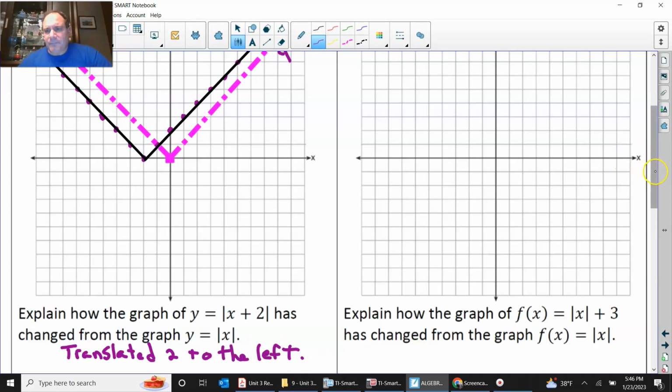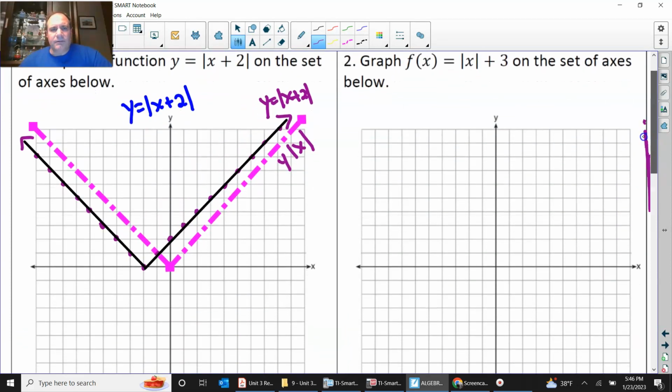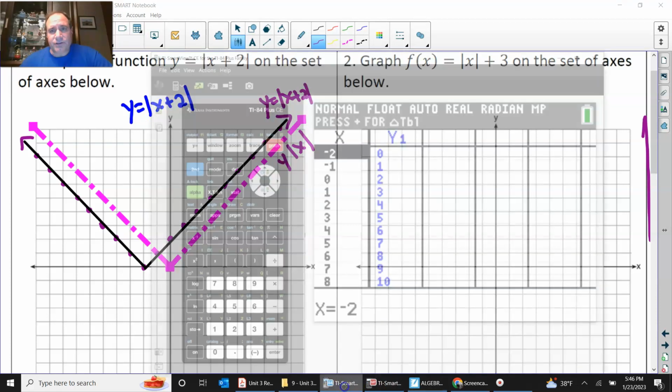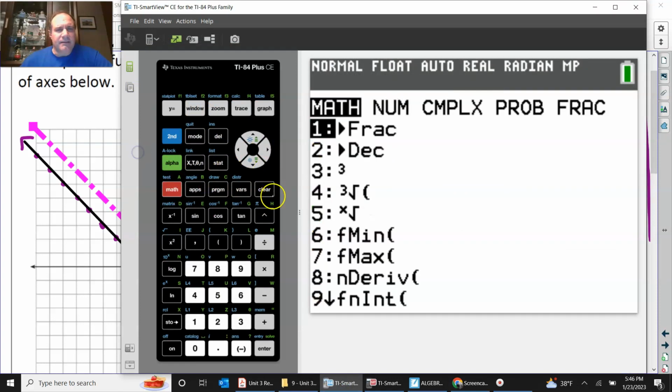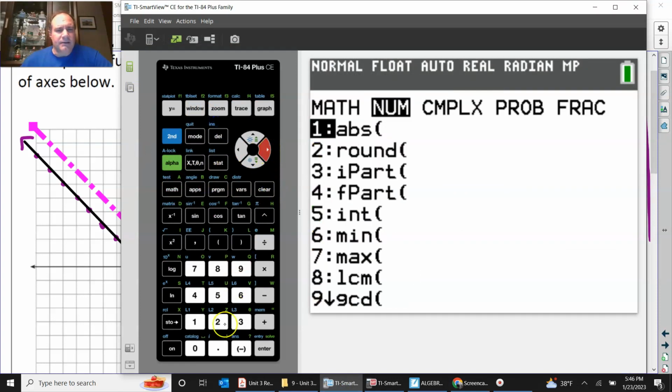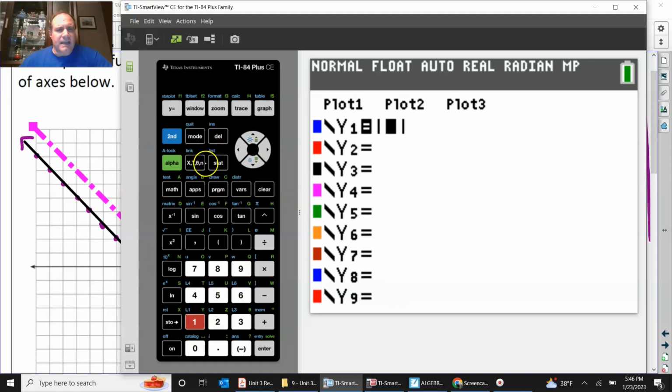All right, and now we're going to graph the absolute value of x and then plus 3 on the outside of the absolute value. So I'm going to go back here, press math, go to num, go to 1, and put the x in the middle.